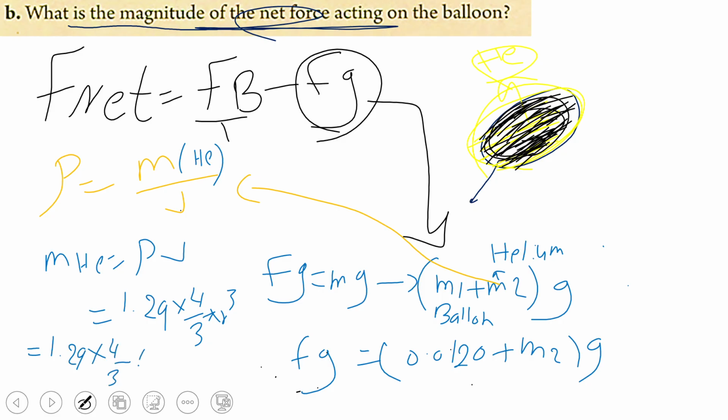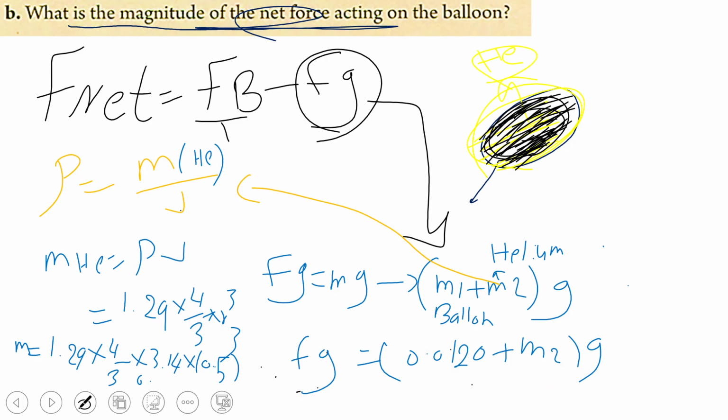So 1.29 times 4 over 3 times pi, 3.14, times the radius 0.5 power 3. The mass of the helium becomes 0.094.